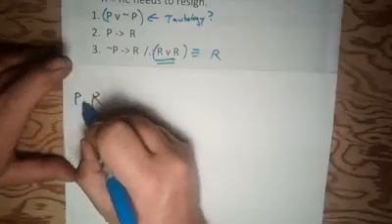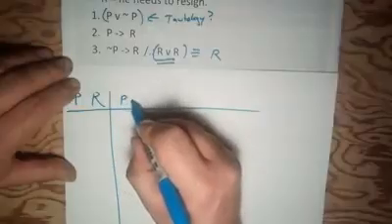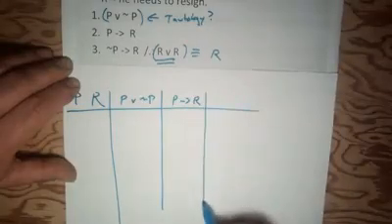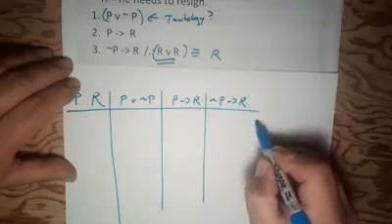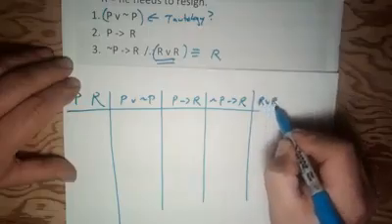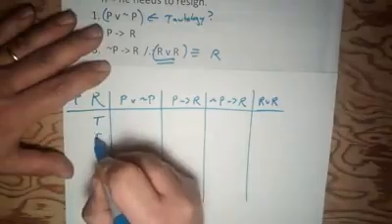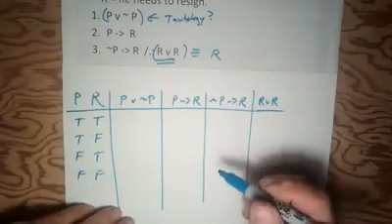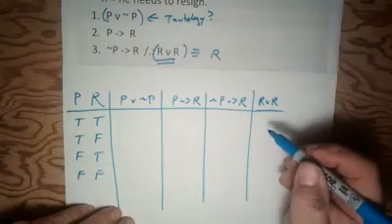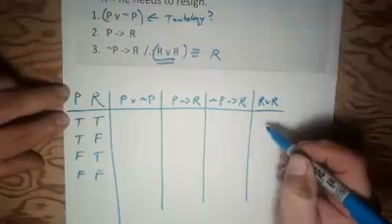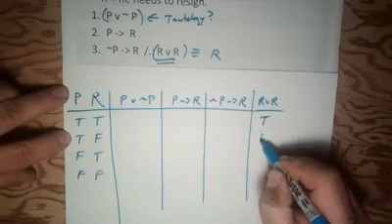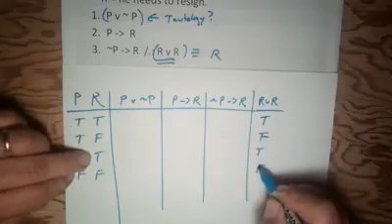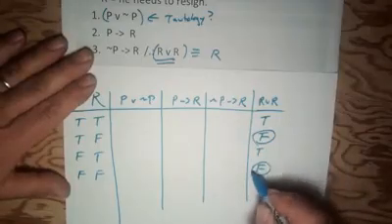So for P and R, starting with the conclusion, we're going to have true, true, true, this is R or R, true, false, false. So we're interested in rows 2 and 4.